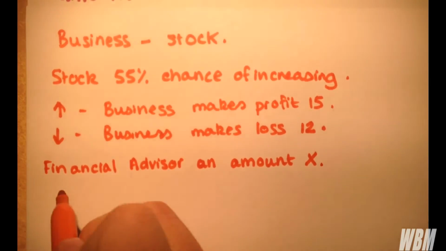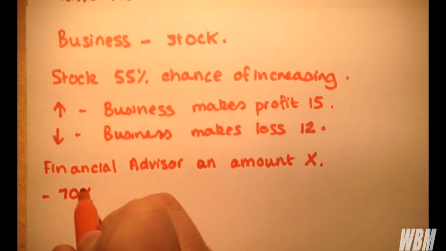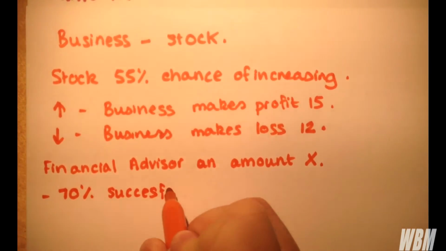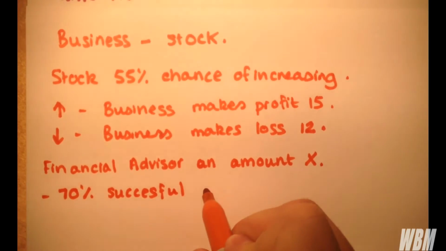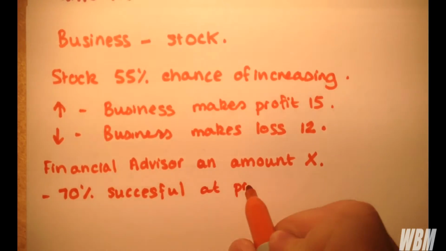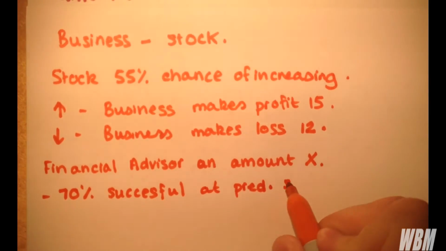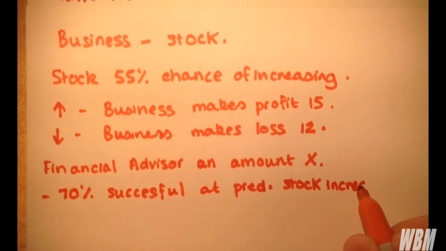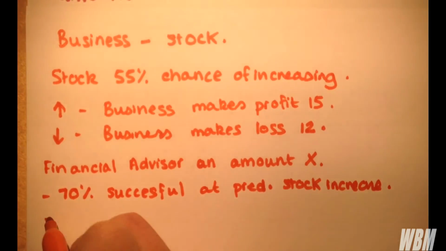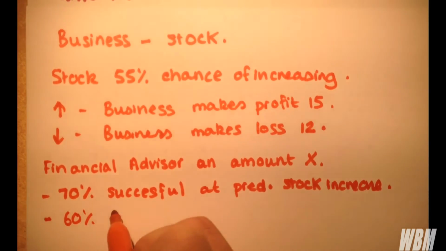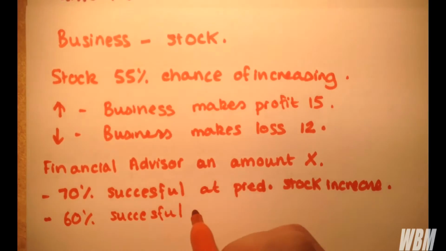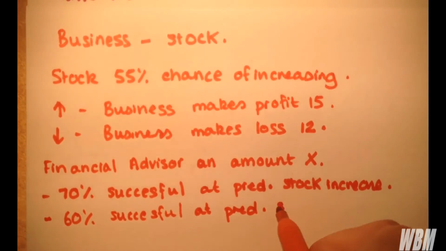The advisor is 70% successful at predicting stock increase, and he's 60% successful at predicting stock decrease.